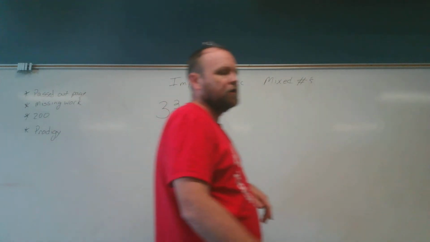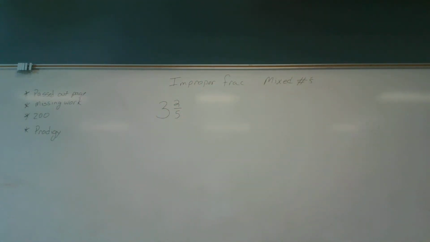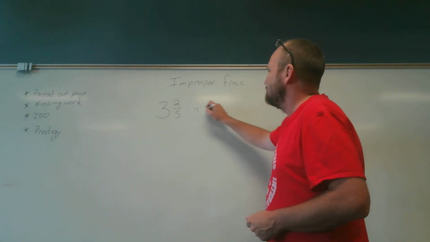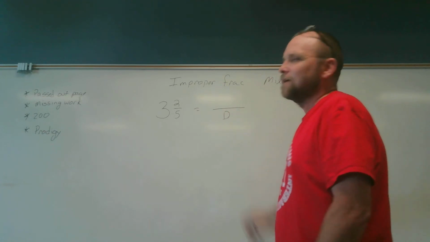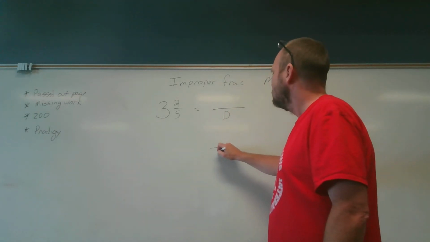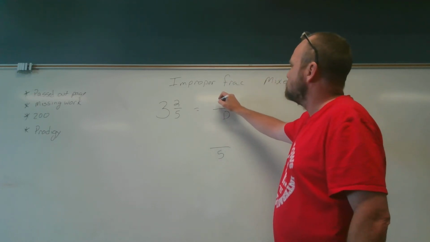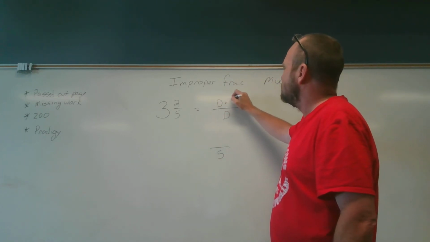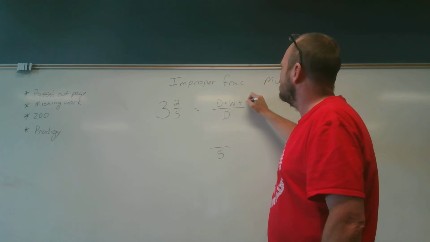Now realize you're going to have questions on this, so paying attention is in your best interest. Basically how you do this, the denominator is going to stay the same, which is what? 5. The numerator is going to be your denominator times your whole number plus your numerator.